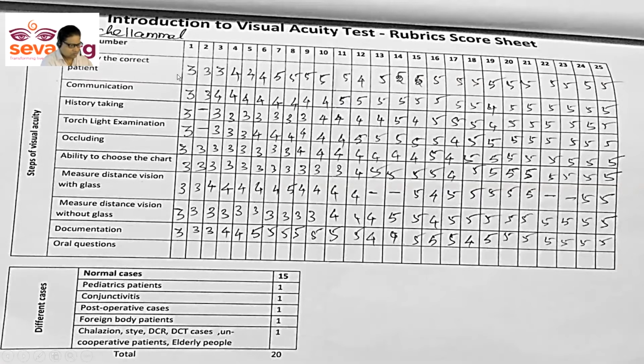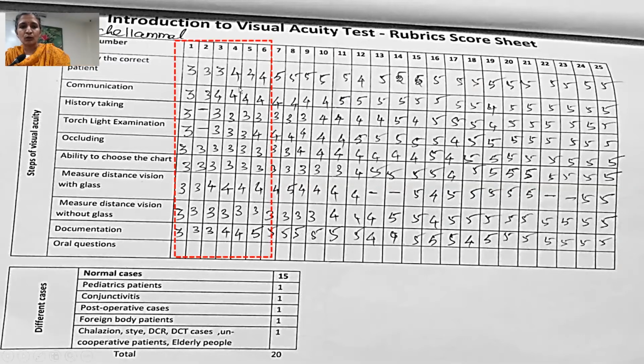You can see this is a score sheet for one trainee called Chellamal, where we were looking at evaluating her visual acuity measurement skills. So you can see she has done 25 patients under supervision. This is a formative learning tool. So you'll see in the very early days, she's getting a score of 3s and 4s.